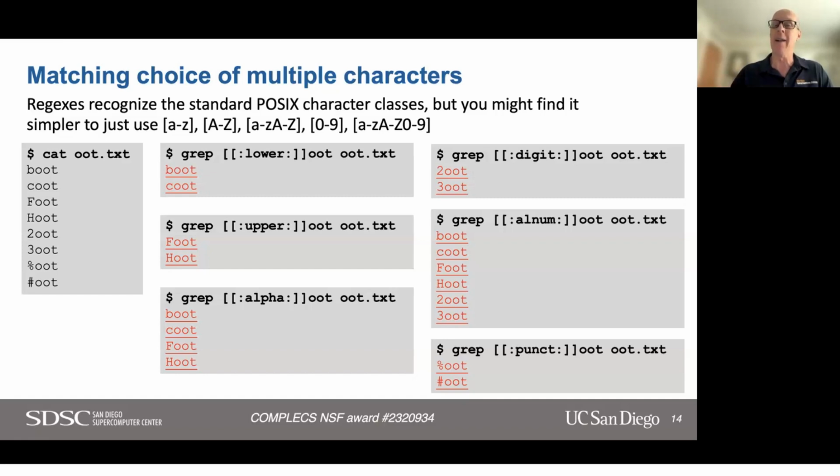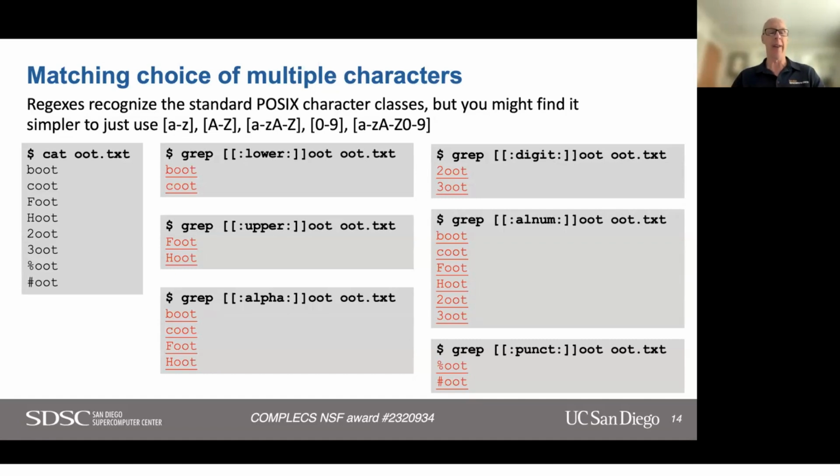Now, in the last column of examples, we see an example identifying digits. So again, pair of square brackets, colon, digit, colon. Again, I find it easier to just remember 0 through 9 or A through Z, but if you prefer, you do have this option. And then next we have alnum, which picks up the letters and numbers. Now the last one though is particularly useful. We have a POSIX character class called punct, P-U-N-C-T, which will match all the punctuations.